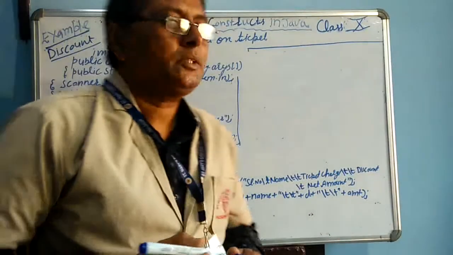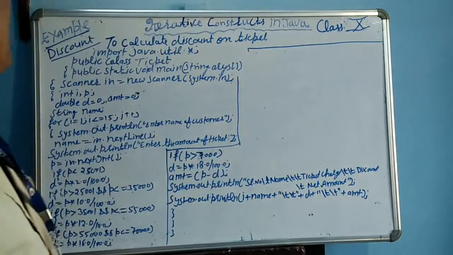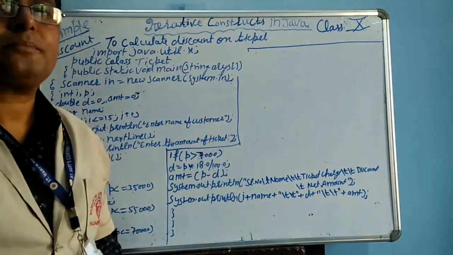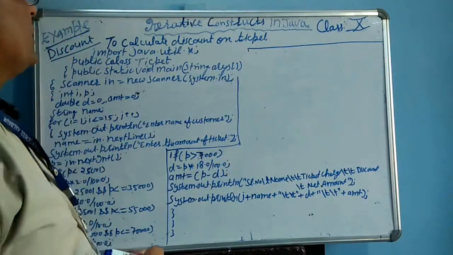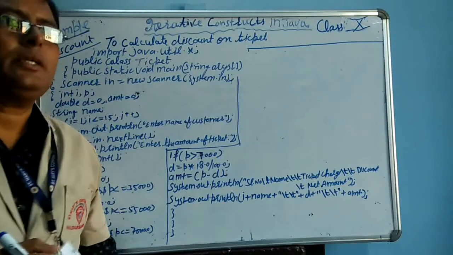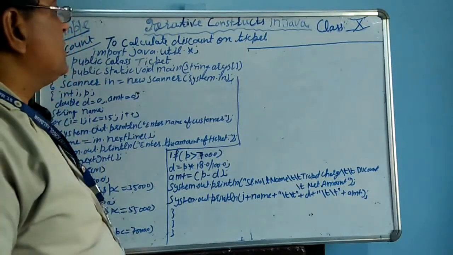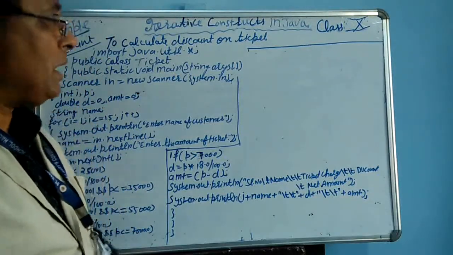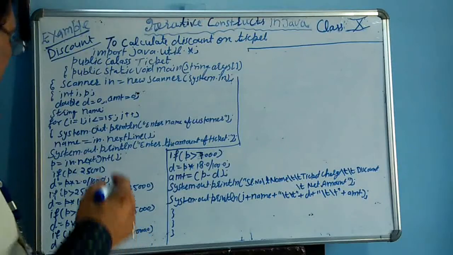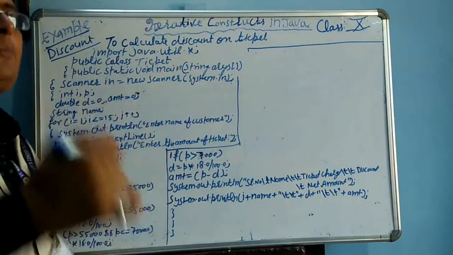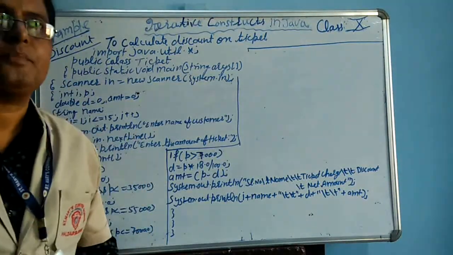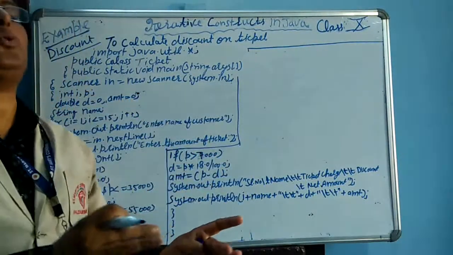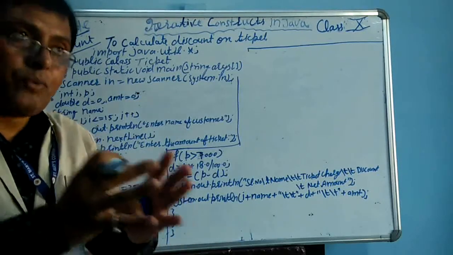Hello students, now we will discuss the discount on the ticket. According to the question, a company declares that if any person or customer purchases a ticket, for different slabs or different amounts, it will give different discounts.